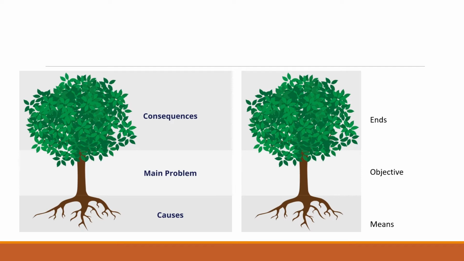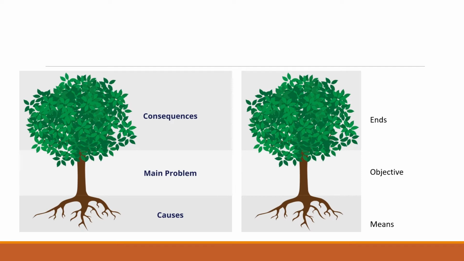Then you will search for at least 3 causes, and then at least 3 consequences of that. And in order to generate the objective tree, you will have to change the main problem, the causes and the consequences in a positive manner.